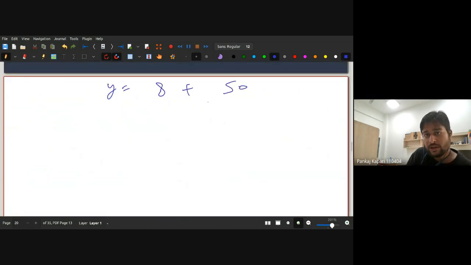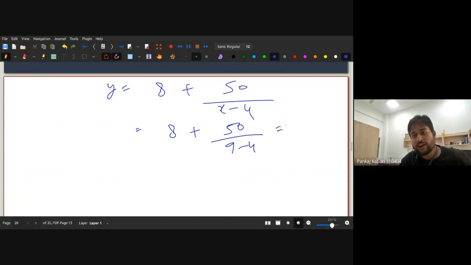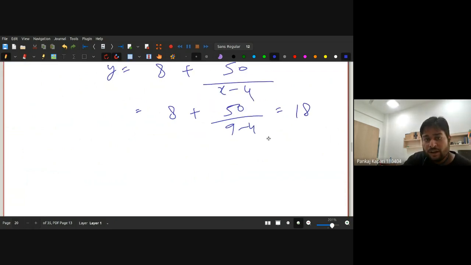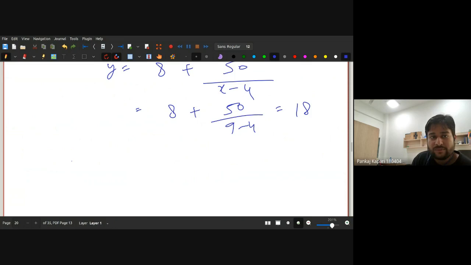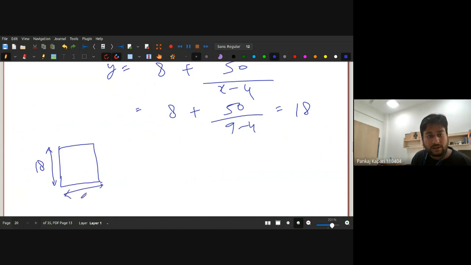Now we know that x is 9, so this is 8 plus 50 divided by 9 minus 4. 9 minus 4 is 5, 50 divided by 5 is 10, then 10 plus 8 is 18. So we get the height and length of the cardboard: this is 18 and this is 9.